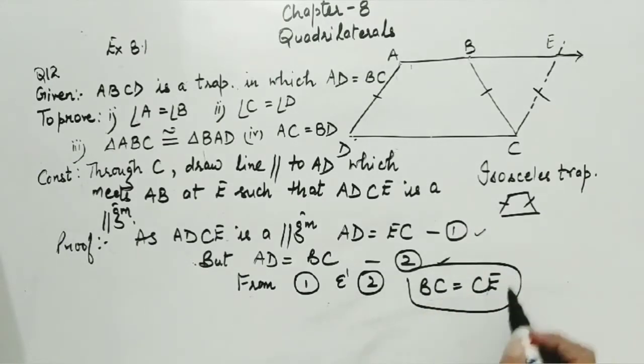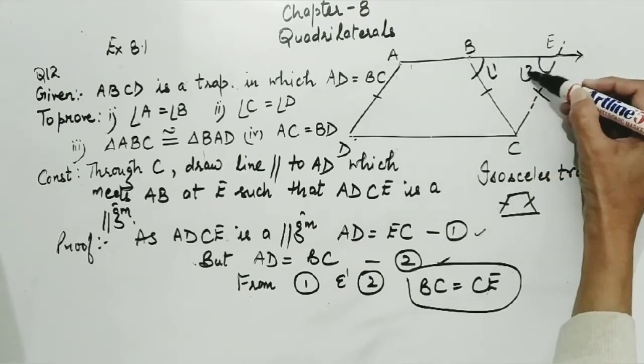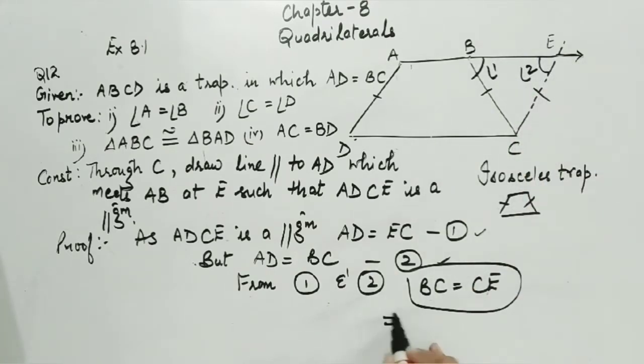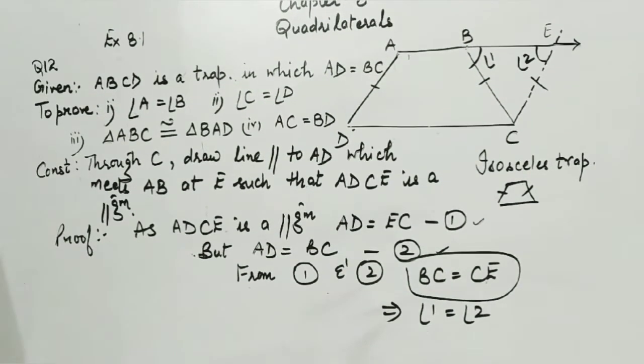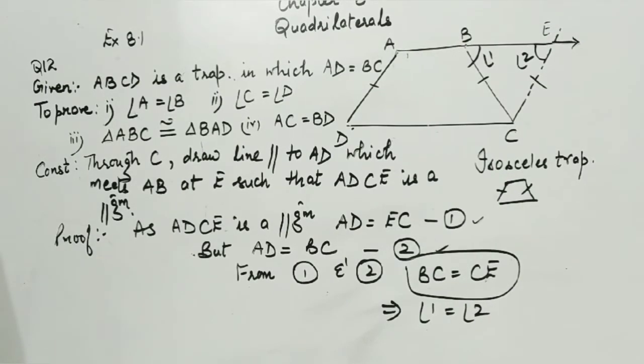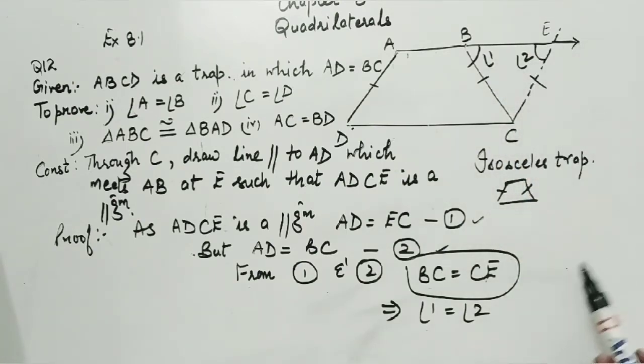And if these sides are equal, the angles opposite to them must be equal. Very important. That implies angle 1 and angle 2 are equal. Property of isosceles triangle, which we have done in chapter 7. There was a complete theorem on this. So I'm sure you must know why it is true. Alright, so if 1 and 2 are equal, now what's next? How can this help us prove that A and B are equal?